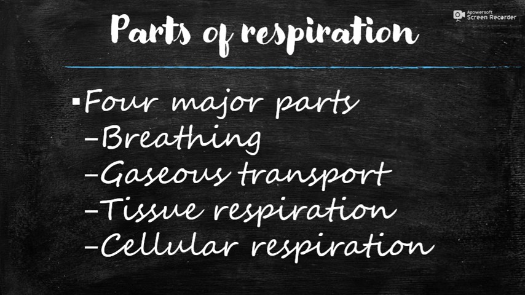And the next part, the third part, is tissue respiration. Now you need to check the cell. Think about the cell which receives the oxygen. The cell membrane is very thin. How does the cell receive oxygen? How do those particular area tissues receive oxygen?